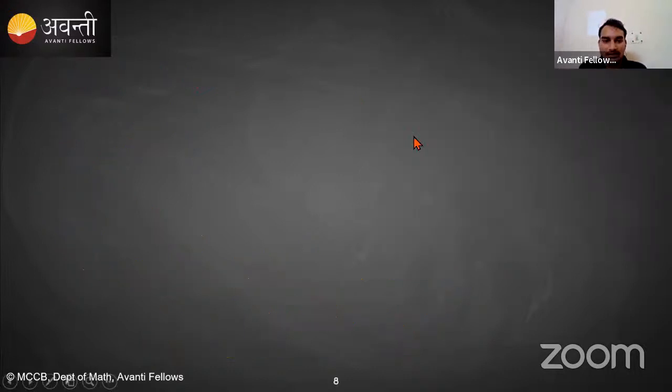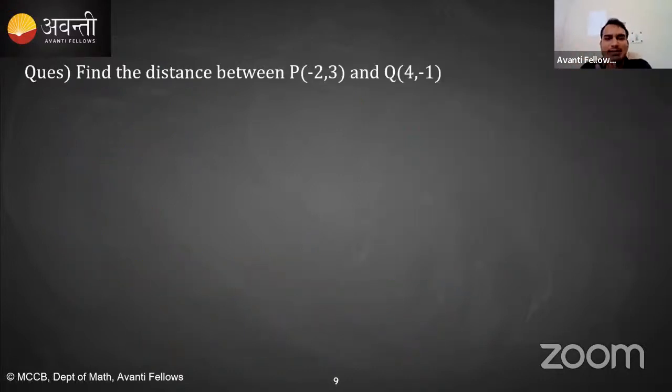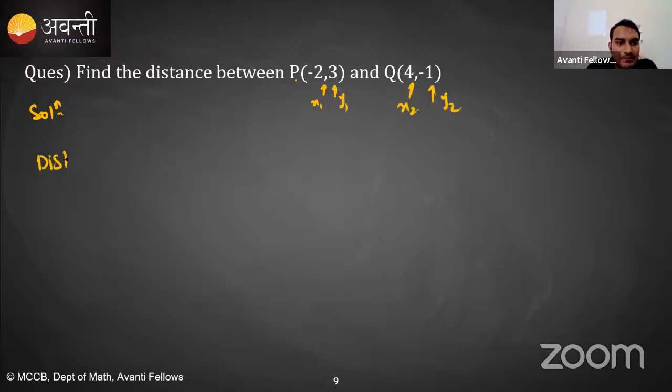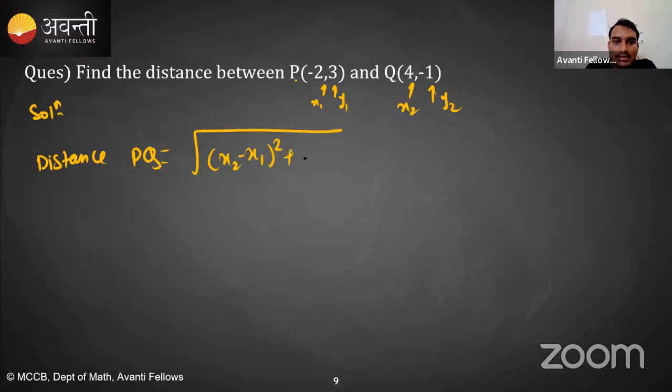So on the basis of this, let's do a very basic simple question. This question is saying, find the distance between 2 points P and Q. Let's call this x1 y1 and this x2 y2. You know that distance PQ is nothing but x2 minus x1 square plus y2 minus y1 square.